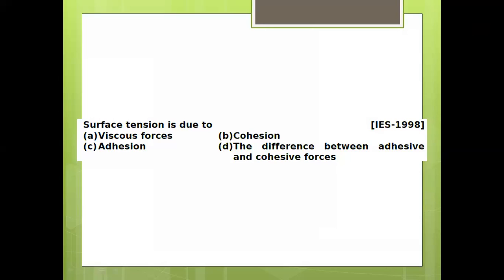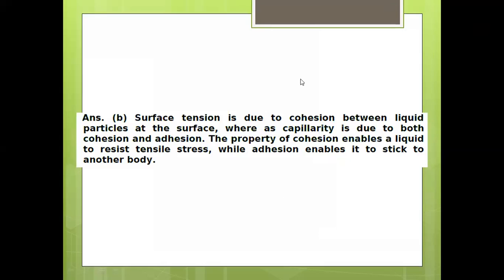Option B, correct. That is cohesion. So this was the question asked in the examination. Surface tension is due to the cohesion between liquid particles at the surface, whereas capillarity is due to adhesion.